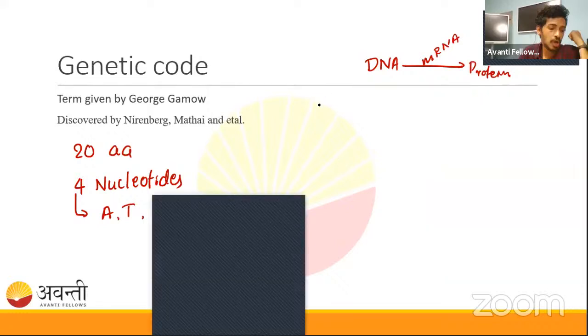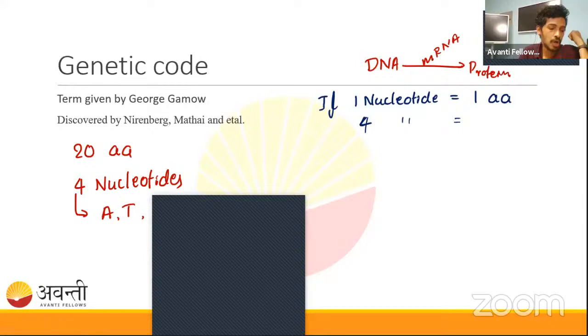What he did was consider that if one nucleotide, one monomer, codes for one amino acid (AA means amino acid), how many amino acids will we get?